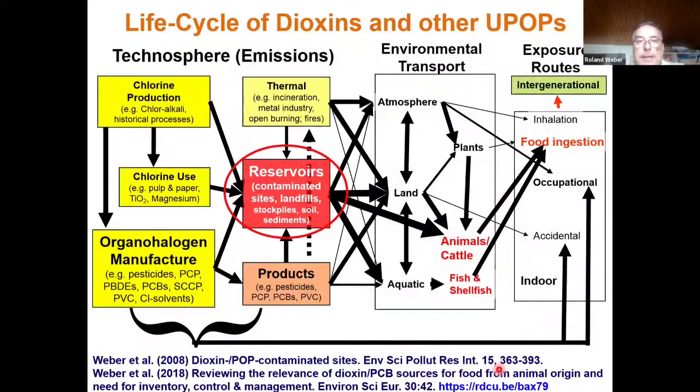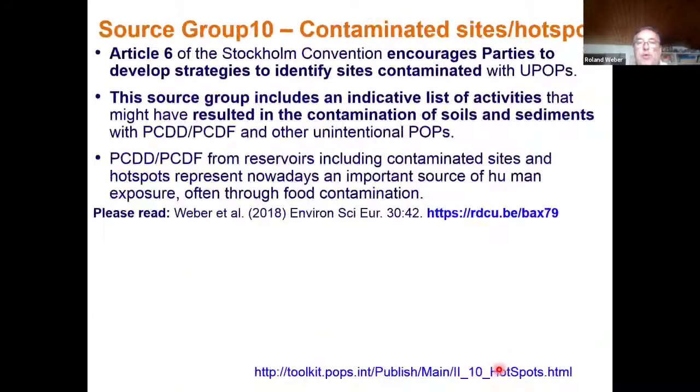Then as a last part, like I said, the dioxins are unfortunately very persistent in the environment. So the dioxins which have been released in the last 50 years, most of it is still there in soils and sediments and contaminated sites. Therefore, the UNEP Toolkit also has a source group 10 on contaminated sites, and Article 6 of the Stockholm Convention encourages parties to develop strategies to identify sites contaminated with POPs, here with unintentional POPs.